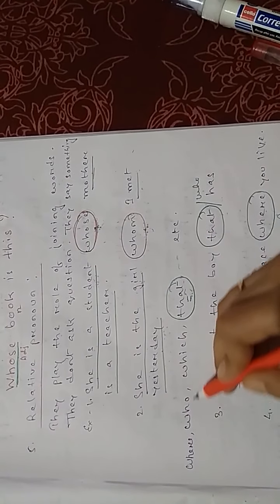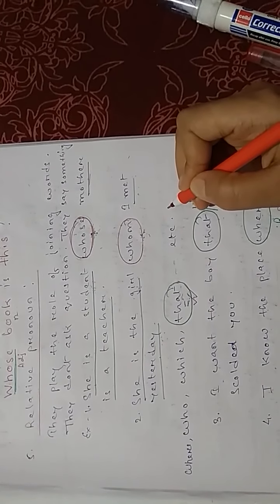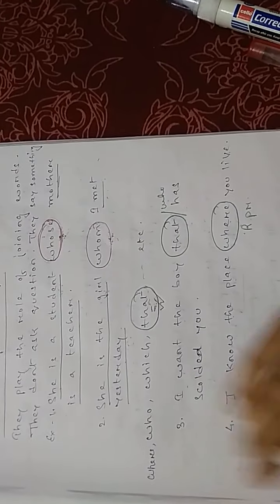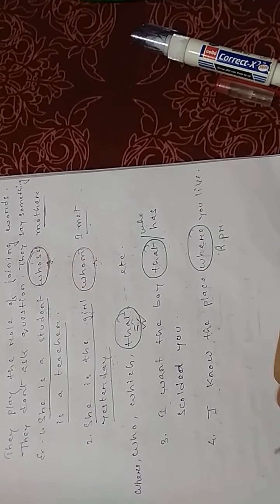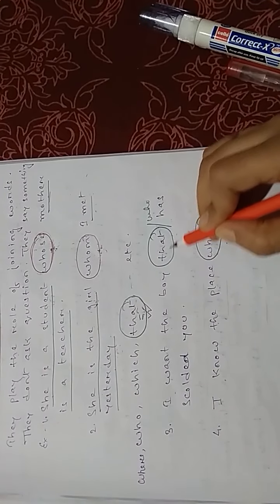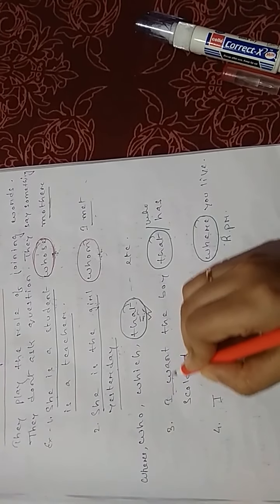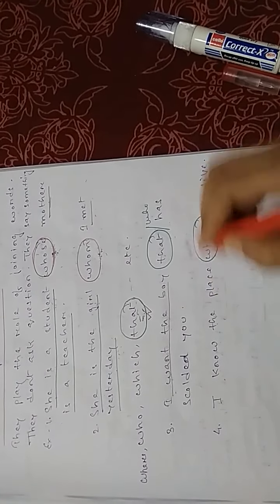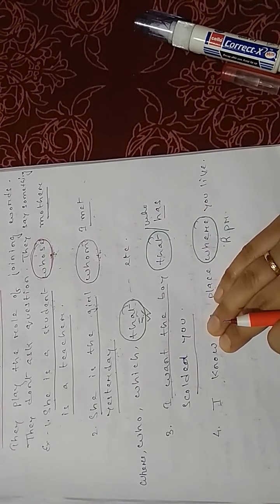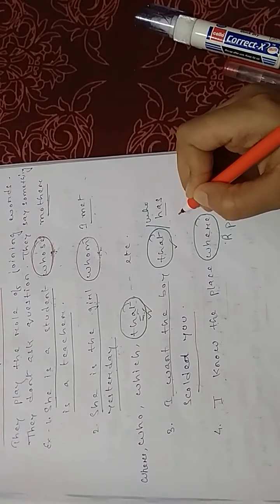Now, along with these interrogative words, the word that is also used in relative pronoun. One example with that is written here. I want the boy that has scolded you. So, two parts are I want the boy, has scolded you. These are the two parts, two clauses, and they are joined with the help of the word that.